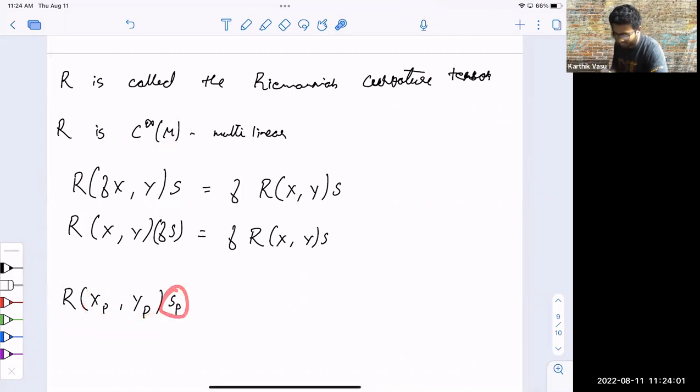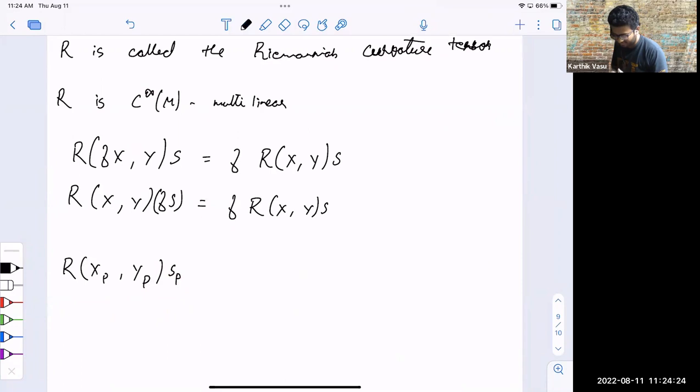Because otherwise you would have to differentiate and move to another point and compare it to those points, right? Ideally, by definition, you need to know the values in a neighborhood, but because it's C infinity M linear, you don't need the values in a neighborhood, you just need it at the point. If that doesn't make sense, it's okay, just forget it. It just makes sense to talk about this thing at a point.